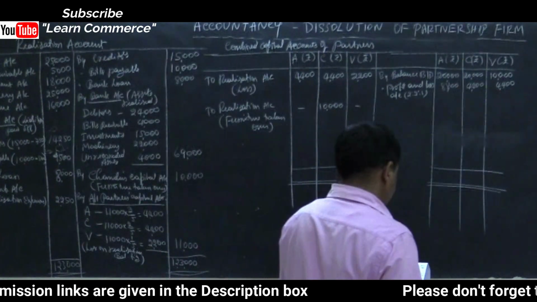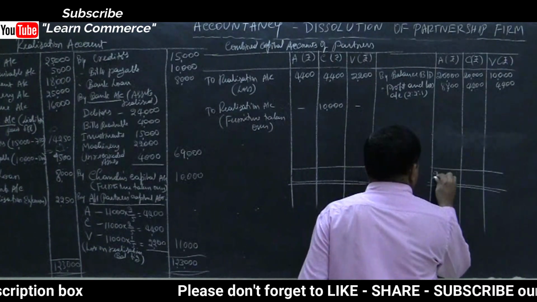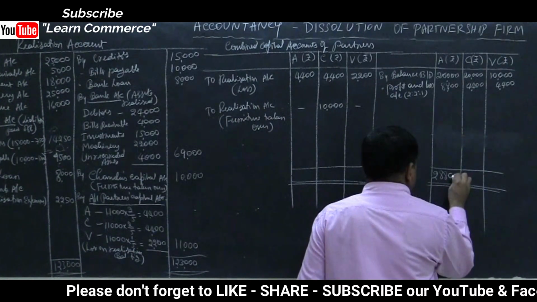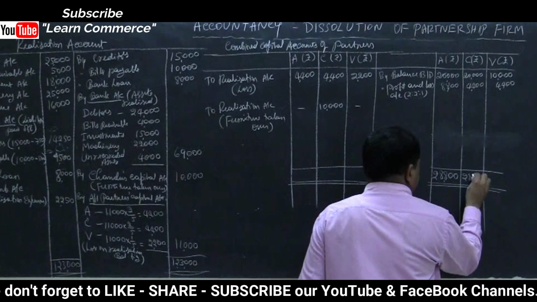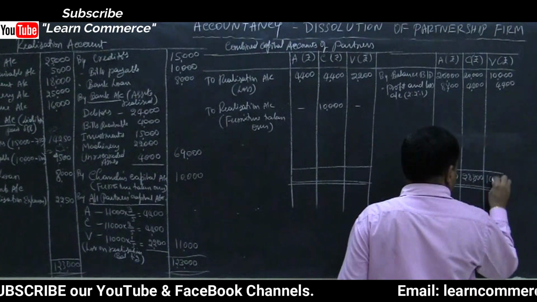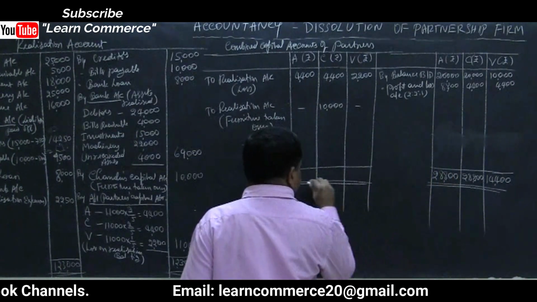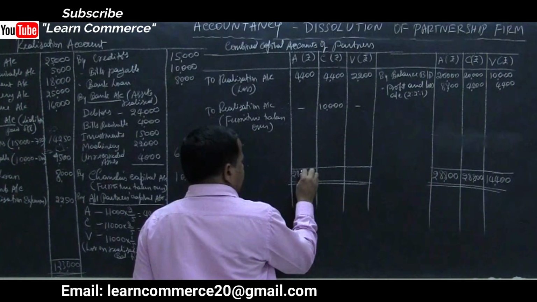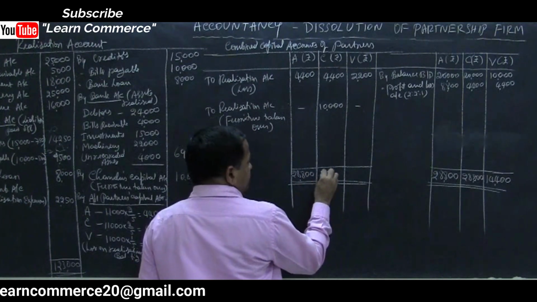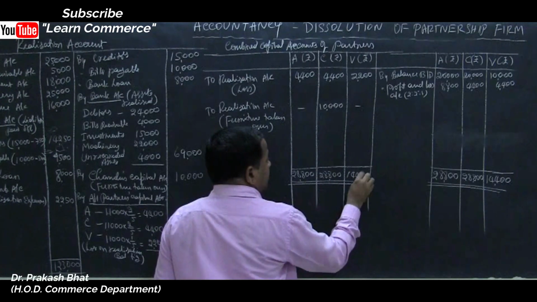That is 28,800 on both the columns, 28,800 and the last one is 14,400. Write the same total on the other side: 28,800 and 14,400. Yes.